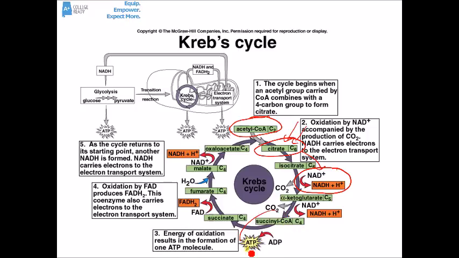There's also some energy in here transferred directly from succinyl-CoA to ADP to make ATP. So by the time the Krebs cycle is over, most of the energy has been transferred to these electron carriers and to a little bit of ATP. And what's left of the sugar is released as carbon dioxide gas.